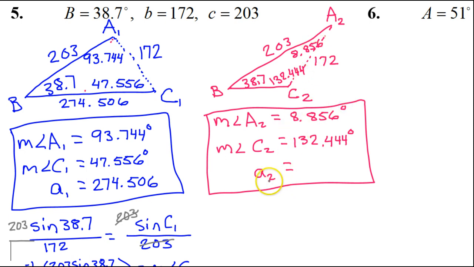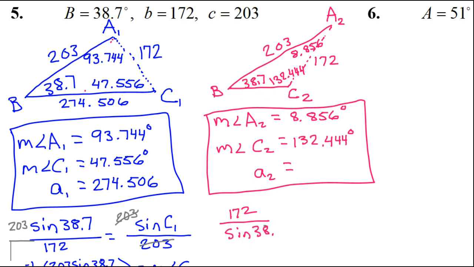So that just leaves us to find the length of side A2. So I will use the law of sines, and I'm going to make sure to put sides in the top since I'm looking for a side. So this is going to be 172 in the top over the sine of 38.7.